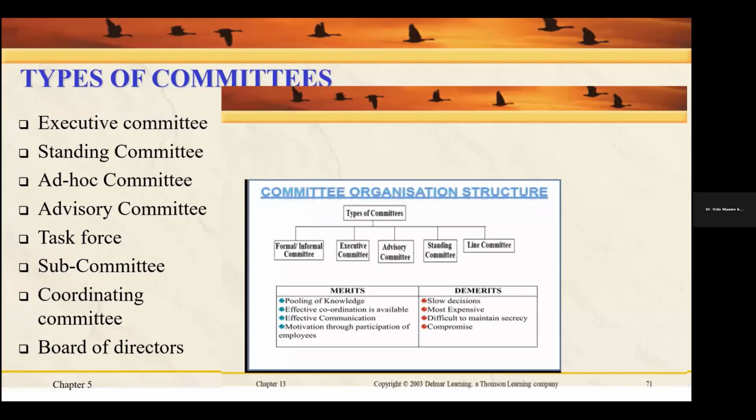So effective coordination is available, effective communication, motivation through participation of employees. If you don't take care, it can slow decisions, be most expensive, difficult to maintain, then compromise. Okay, so let's see.